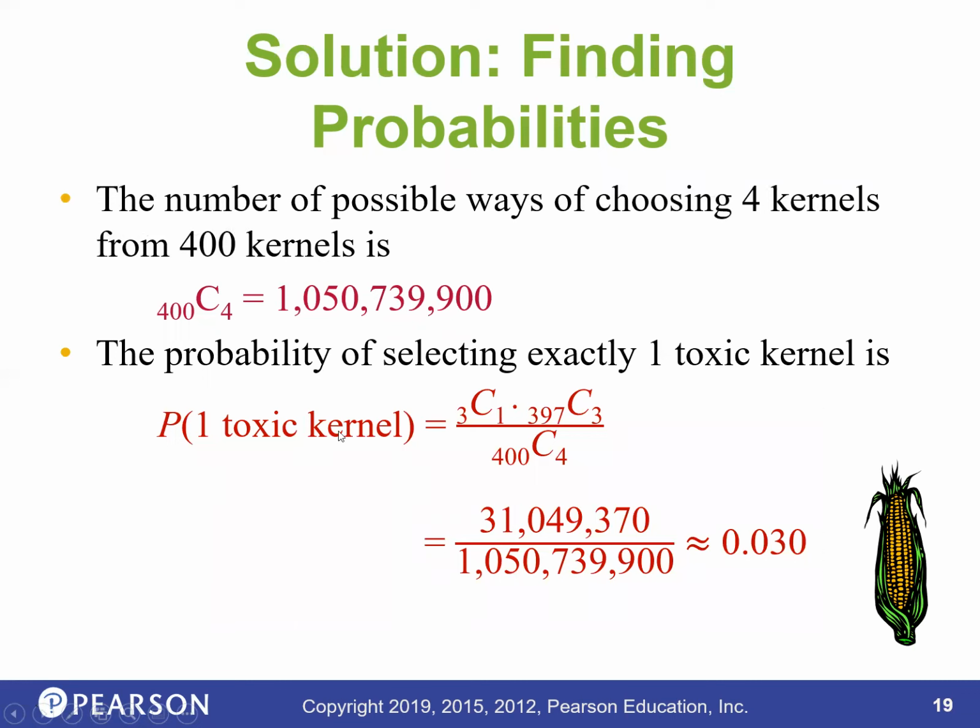The probability of choosing one toxic kernel is this: out of the 4 that we chose, one was toxic and the 3 other ones were not toxic, over choosing 4 altogether. And it's about 0.03. So what is that? About 3%. About a 3% possibility.